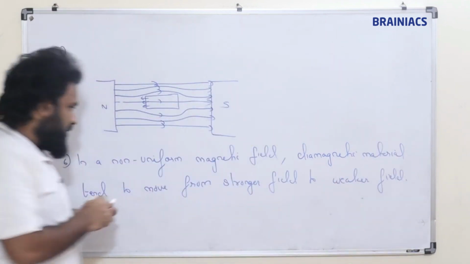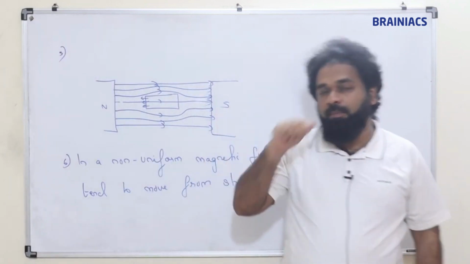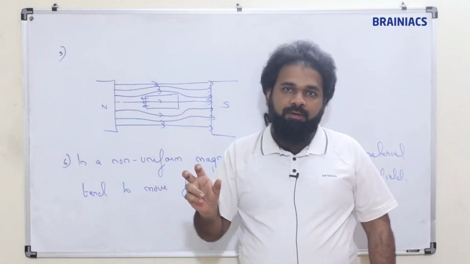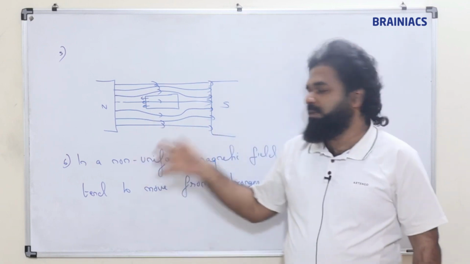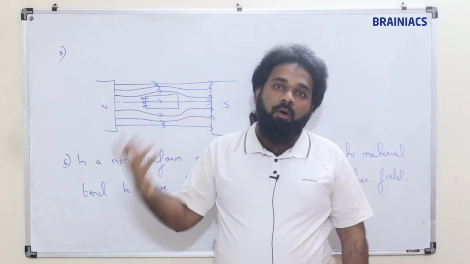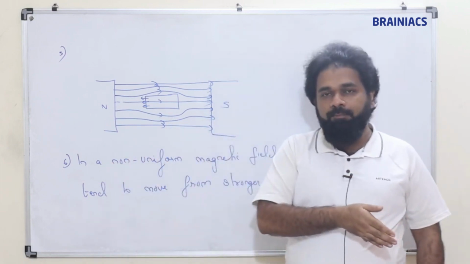Suppose we keep the diamagnetic material in an external magnetic field. Repulsion will be there because of the induced magnetic field. But repulsion in a stronger area will be more compared to a weaker field.